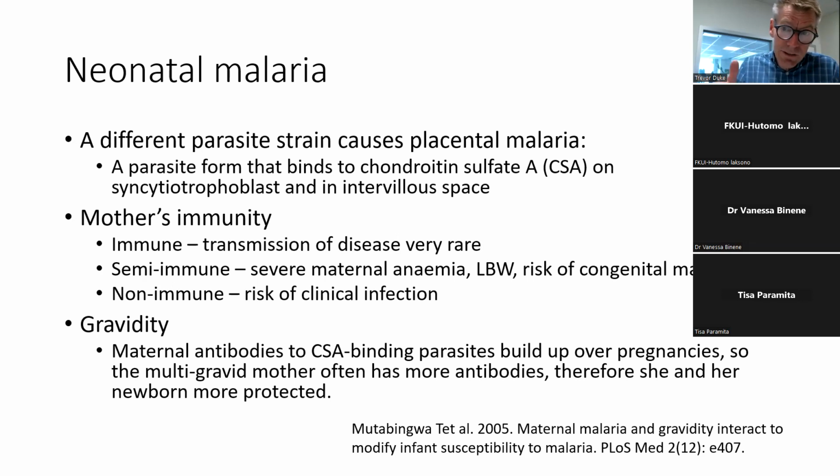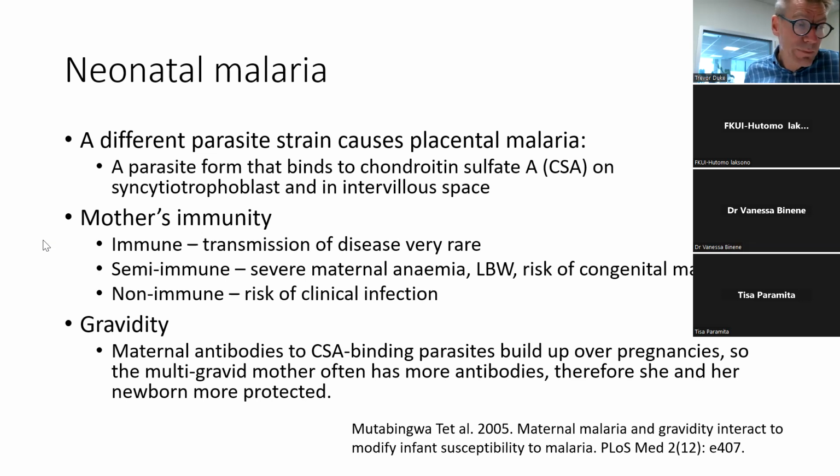That's why not all malarial parasites will actually cause malaria, although falciparum malaria, vivax malaria, ovale malaria will, but not the standard form of the parasite. And so mothers not only need to be immune to malaria in general, but also need to have been exposed to this chondroitin sulfate A CSA binding form of the parasite.